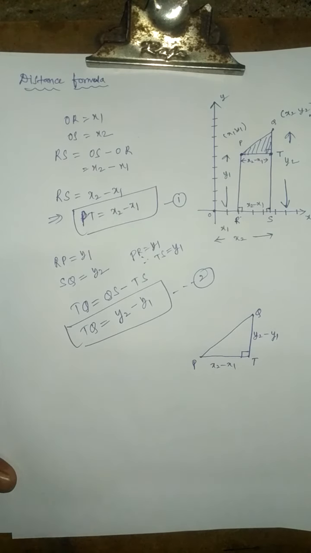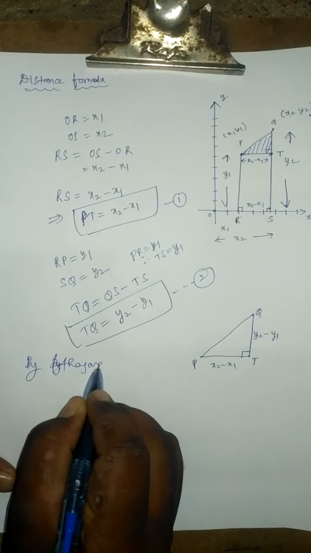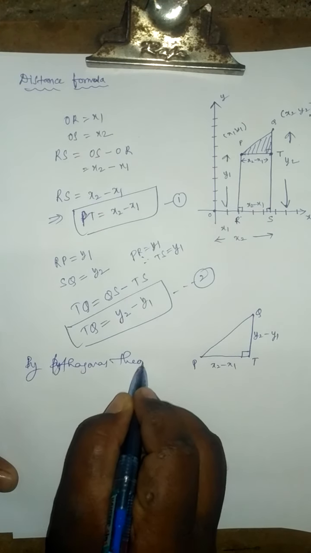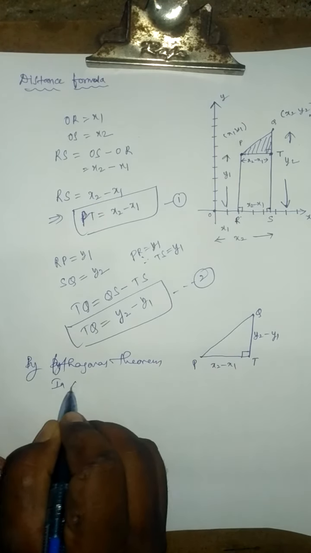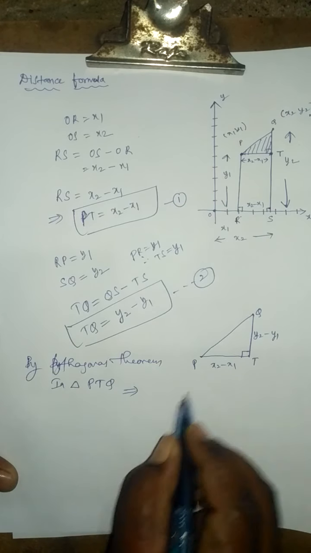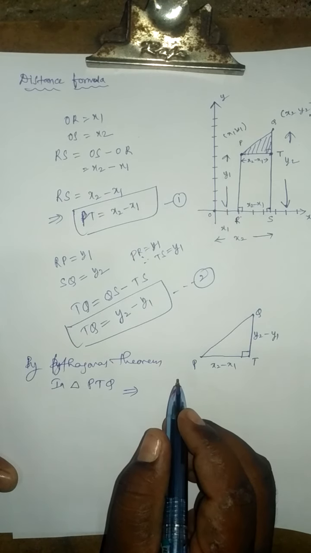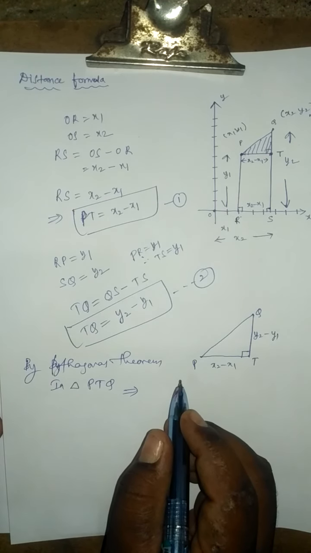So if angle T is right angle, then PQ is called the hypotenuse of the triangle. So by Pythagoras theorem in triangle PTQ, which implies, how to write Pythagoras theorem? Hypotenuse square that is equal to the sum of squares of the sides.